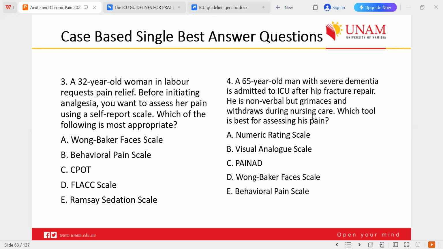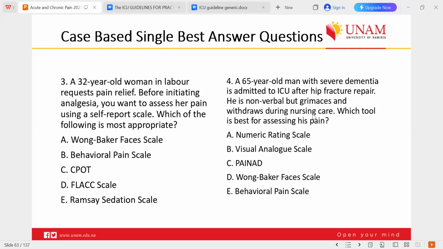Okay, a 65-year-old patient with severe dementia is admitted to ICU after hip fracture repair. Is non-verbal, but grimaces and withdraws during nursing care. Which tool is best for assessing his pain? Anyone?